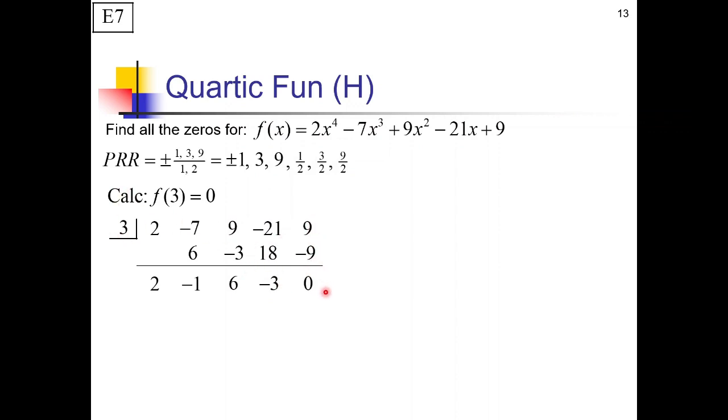Adds up to 0. Awesome. So we've got x minus 3 as a factor, and this is going to be 2x to the 3rd, 1 less than x to the 4th, minus 1x squared, plus 6x minus 3. All of that equaling 0.